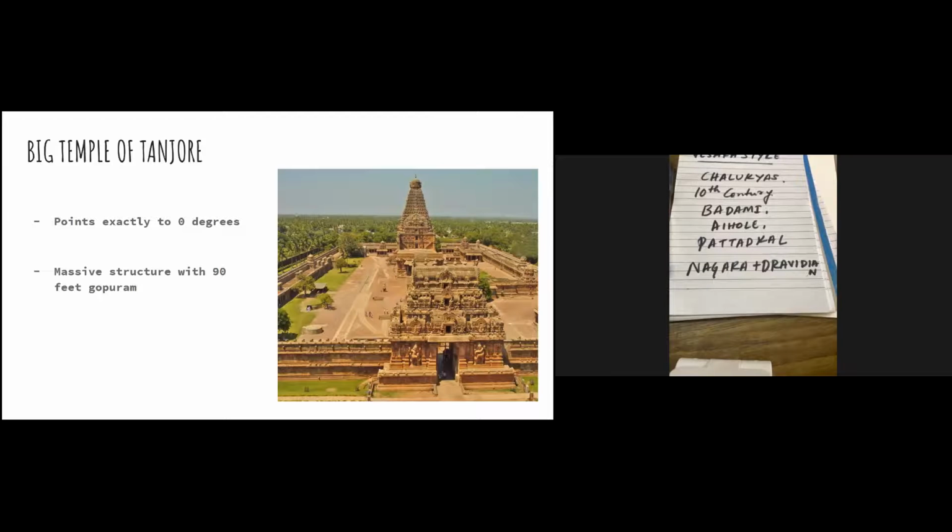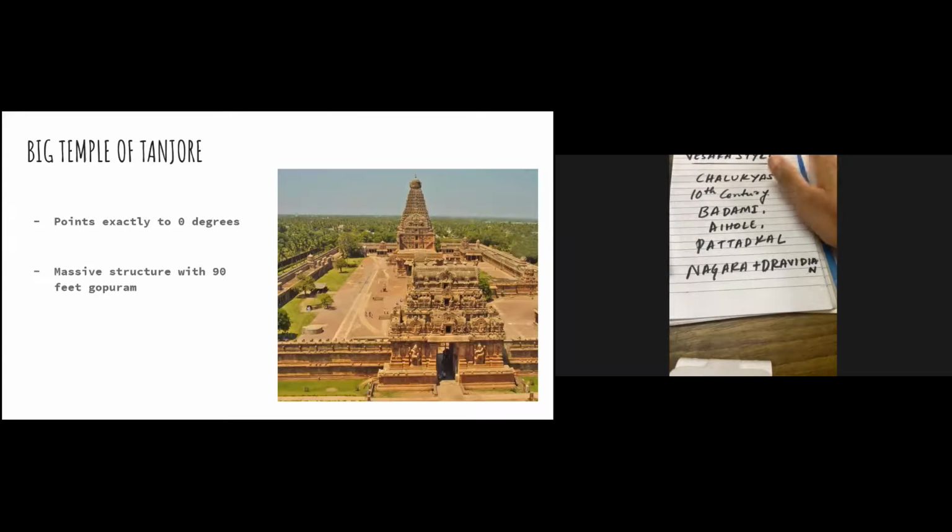Ma'am, did they create stairs to climb? They didn't create stairs, sweetheart. The underground stairs is an entirely different and unique concept that comes in one of the temples in northern India, which I won't be dealing with right now. There's a very different science behind that. Ma'am, where is this temple located? This is in Tamil Nadu, Tanjore.